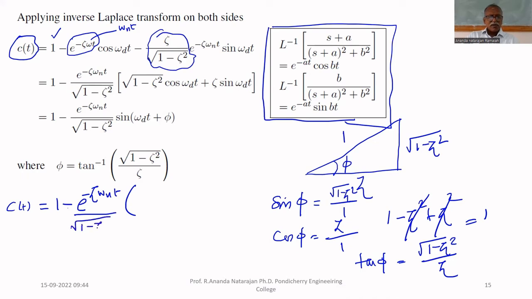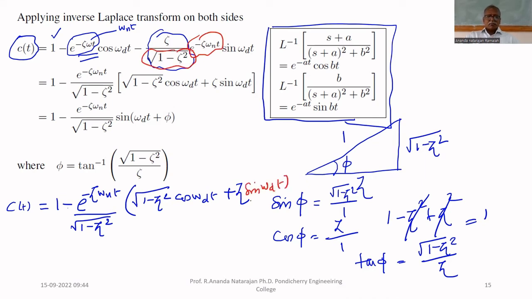That's why it should be multiplied by square root of 1 minus zeta square with cos omega dt, and for the sine term only zeta is there. Therefore, we can write sin omega dt.